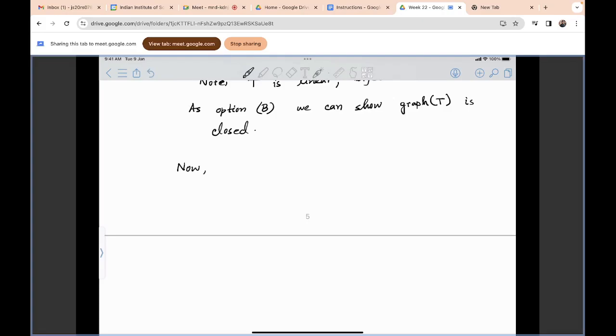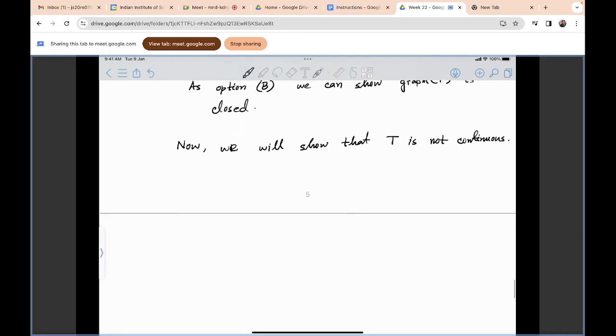Now we will show that T is not continuous. Again we prove it by contradiction. Suppose T from Y to X is continuous. What is this saying?